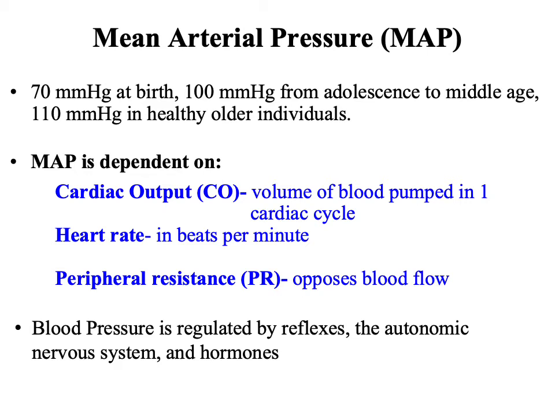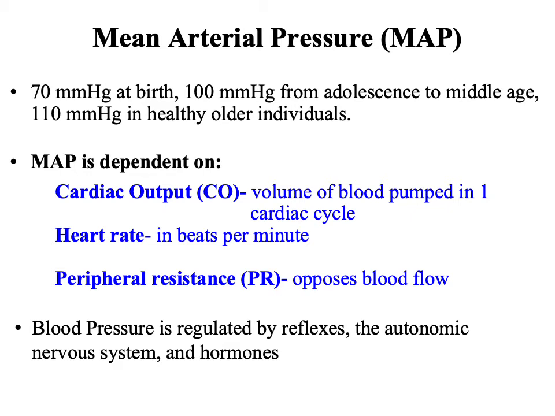There's no way the pressure is going to be exactly the same in every part of the body at the same time. So when we talk about blood pressure, really what we're measuring is what's called the mean arterial pressure, which is like an average or overall pressure to represent what's going on in total.